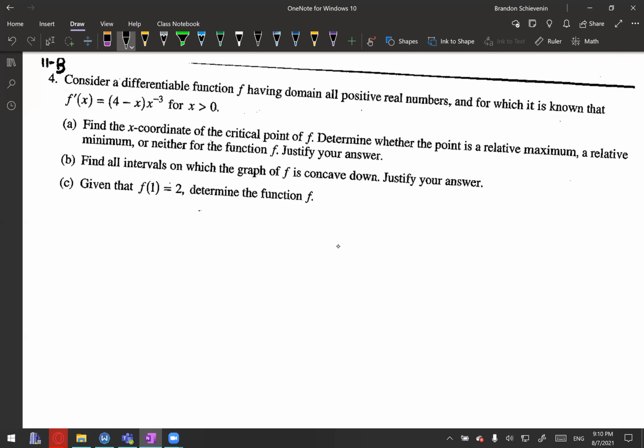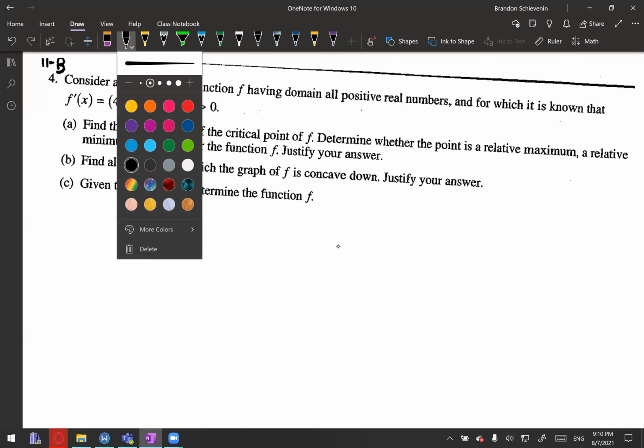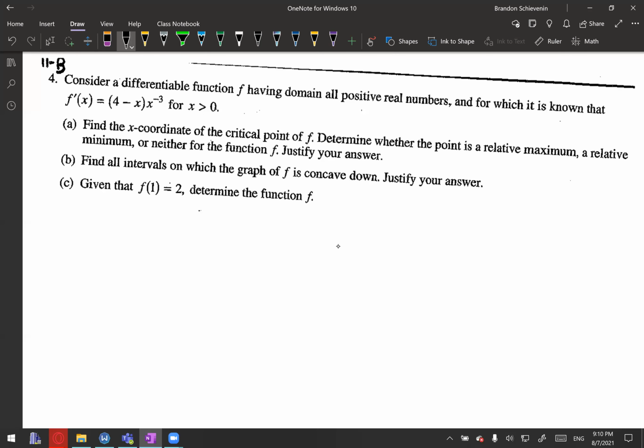I believe I finished with NB, so I'm going to start with Jade. Jade, how do I find the critical point of f? Set the derivative equal to 0. Perfect. So we already have the derivative here.